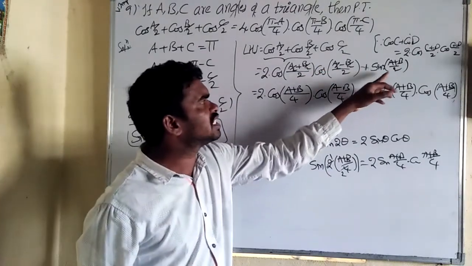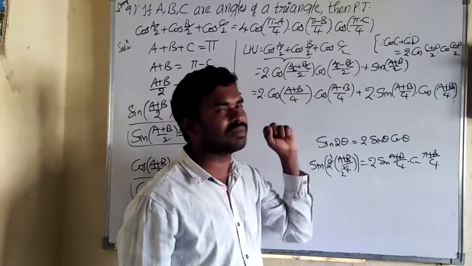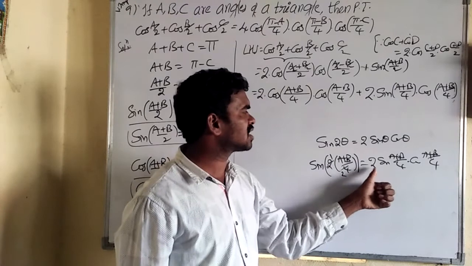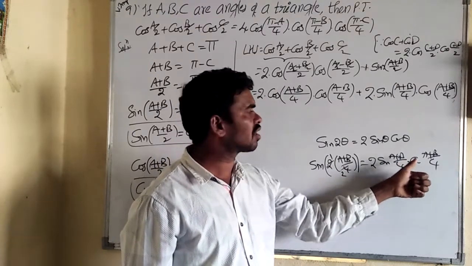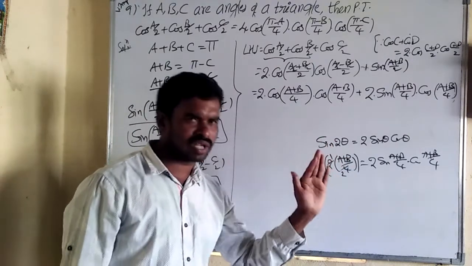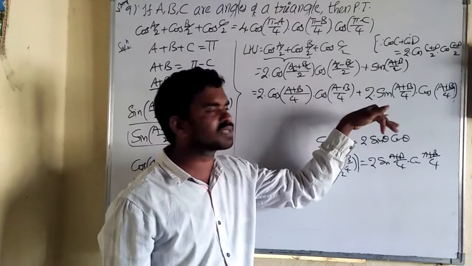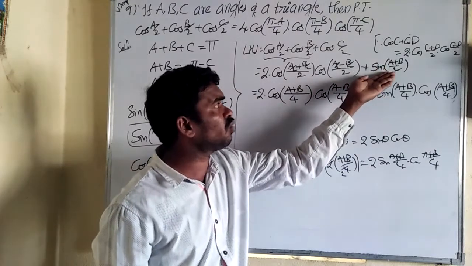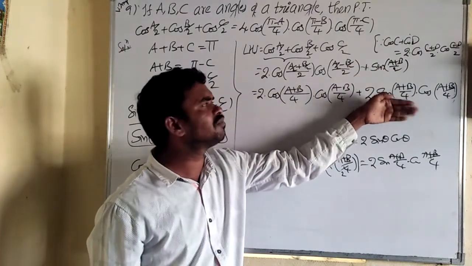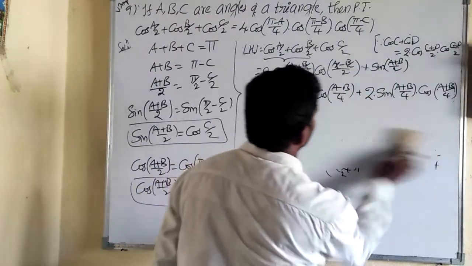And here sin 2 theta, sin of 2 into (a+b)/4, you can write as 2 sin theta cos theta. This is the rough work. Write rough work in your fair notes, because in the future, for practice, you will understand how this step comes from the above step by using this rough work.